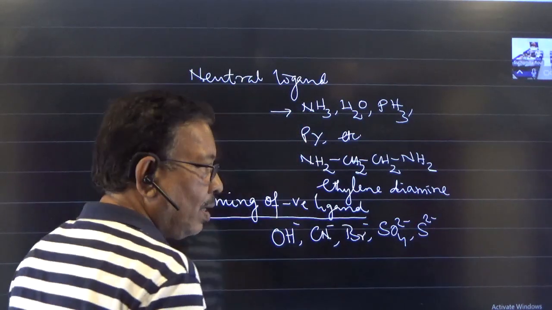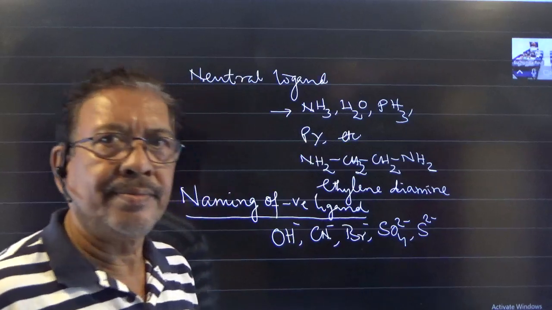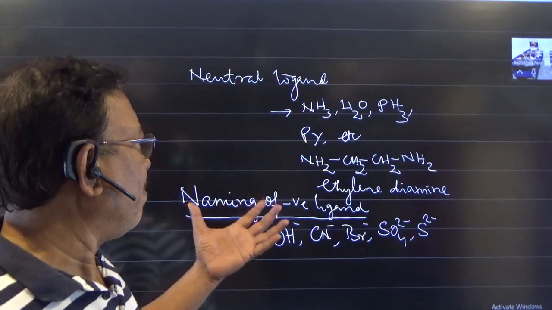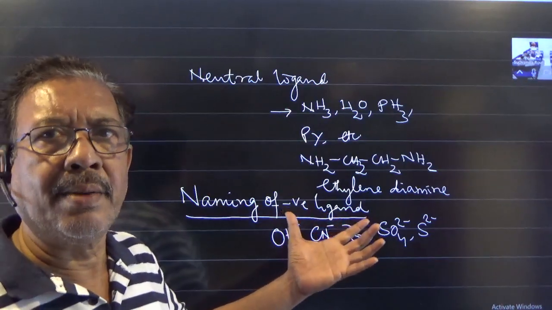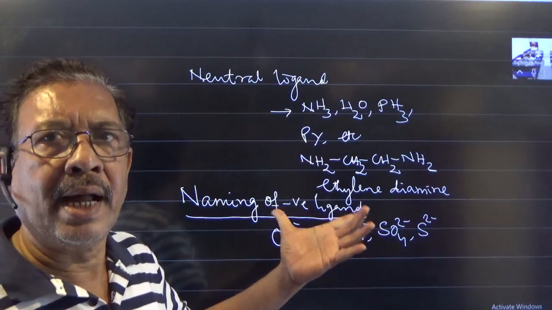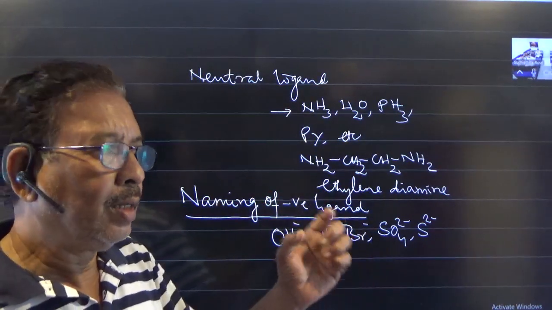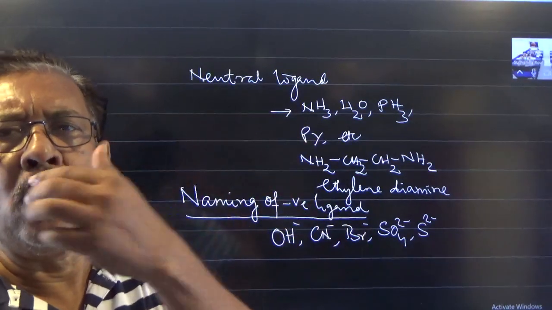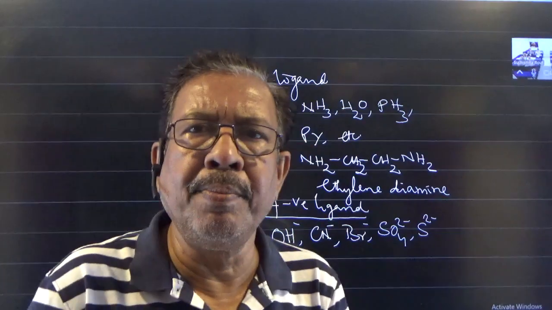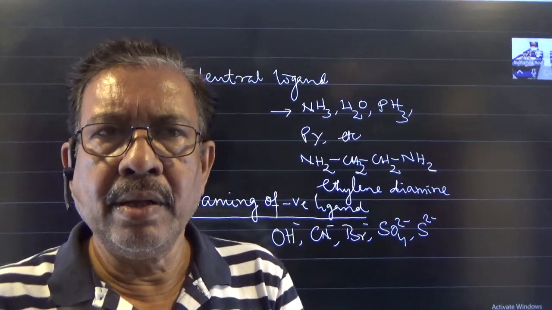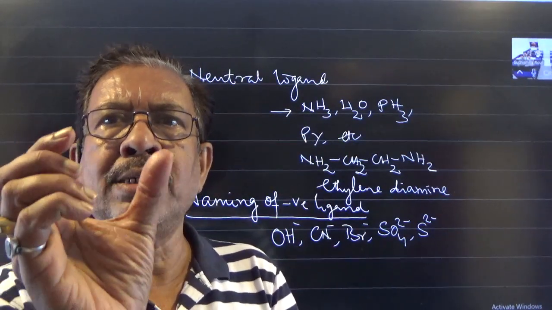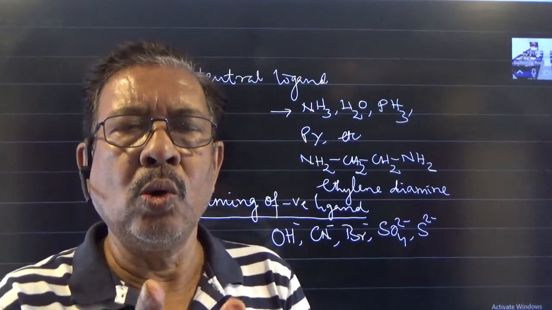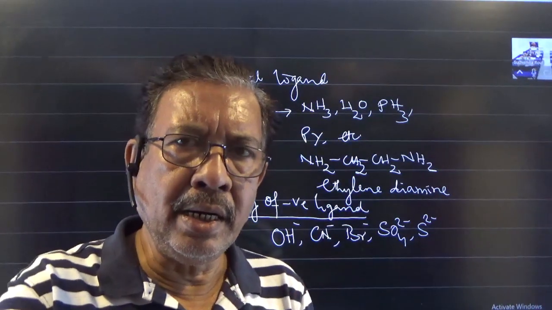Listen first. Whenever naming is concerned, negative ligands are named with the usual name, minus E, plus O. Did you understand?